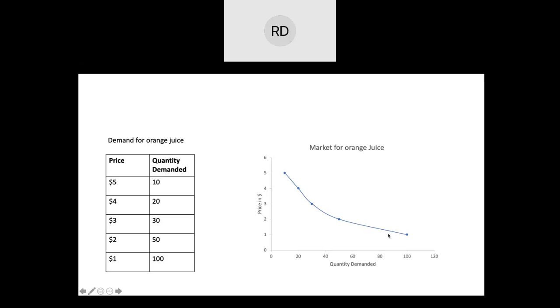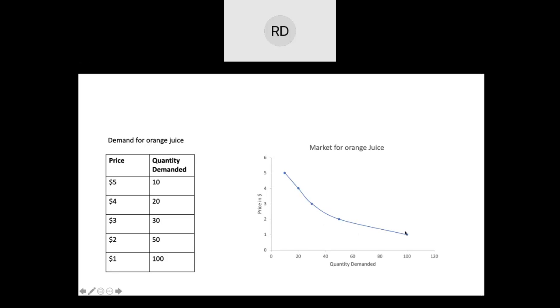Okay, so what we see here is that when the price is up here at $5, we only have a limited number of people who are willing to spend that much money for one orange juice. But the more the price goes down, the more people are willing to purchase that one orange juice.